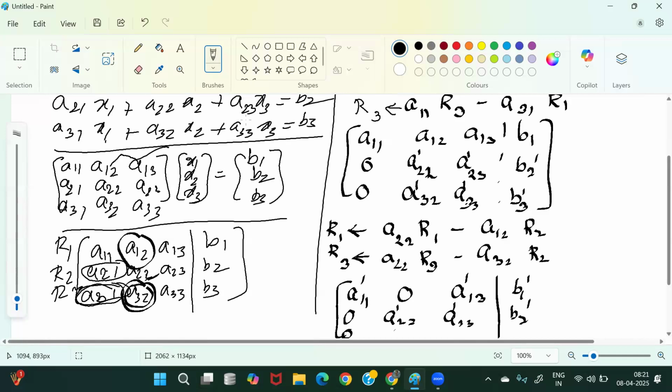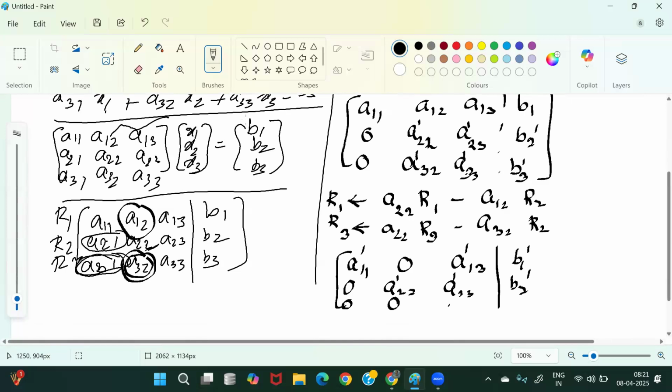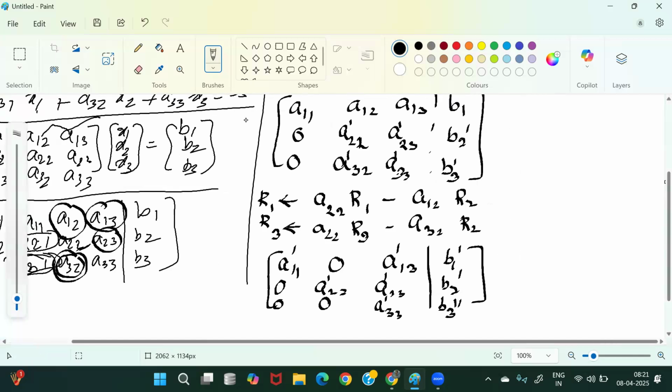Now the third row will change. So two operations are performed here. So let it be A33 double dash, B3 double dash. Now one more thing is left. I want to make this 0 by taking row 3 as reference.